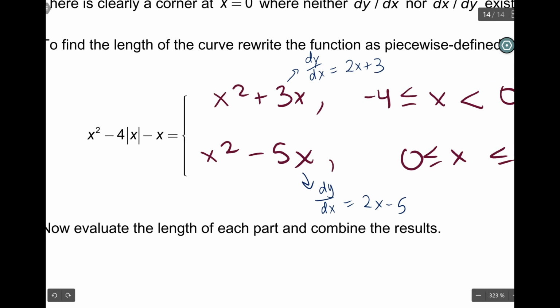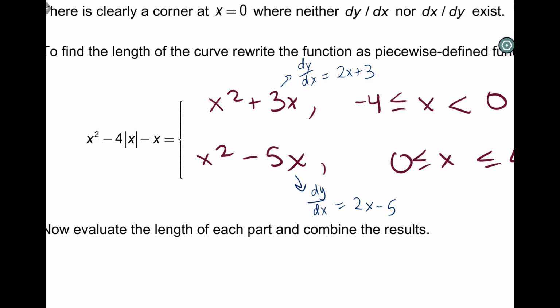Is that okay? Because this is my function, I'm trying to find dy/dx, and then dy/dx squared, and I'm going to evaluate each length separately and then combine the results.